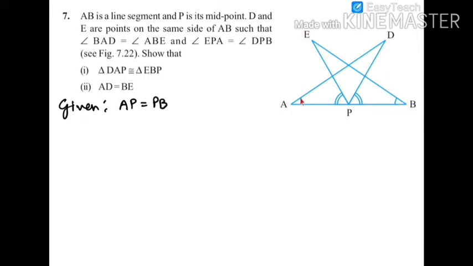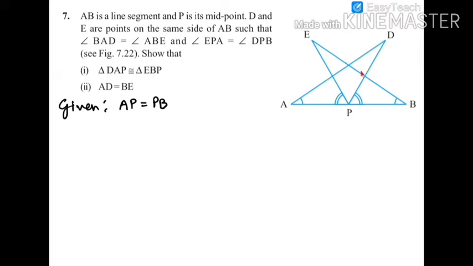So these two angles are equal, and angle EPA is equal to angle DPB, which are marked in the figure. Show that triangle DAP is congruent to triangle EBP, and also AD is equal to BE.